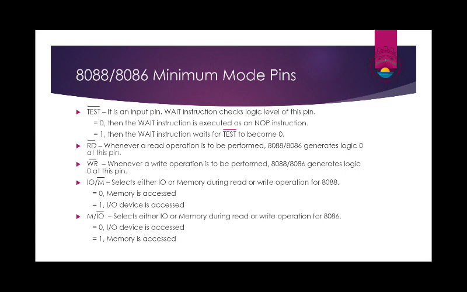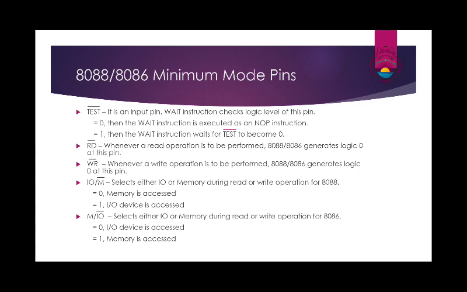Or otherwise, if IO slash M bar pin is having logic 1, then the generated address is of an IO device. So this pin is used to identify that microprocessor is going to access a memory or IO device.